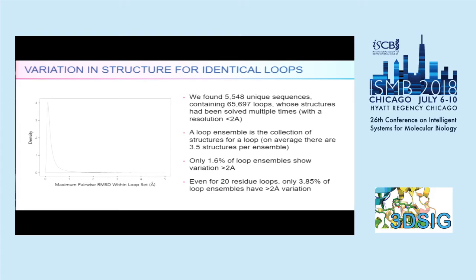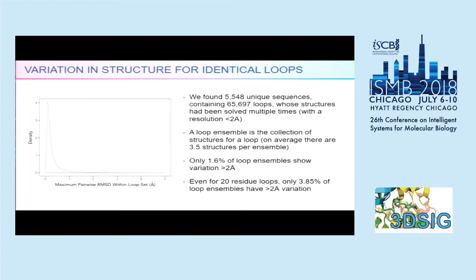Now that doesn't mean they're not moving, because I can't prove a negative. It does mean the experimental data at the moment suggests that a lot of loops are not moving very much. And that shouldn't really be a surprise. Loops aren't actually sticking out from a protein surface. They're packed against it. They're part of the intrinsic structure of the protein. So the fact that some of them don't move shouldn't be a surprise. I was surprised that so few moved, but I'm still not surprised that most don't.